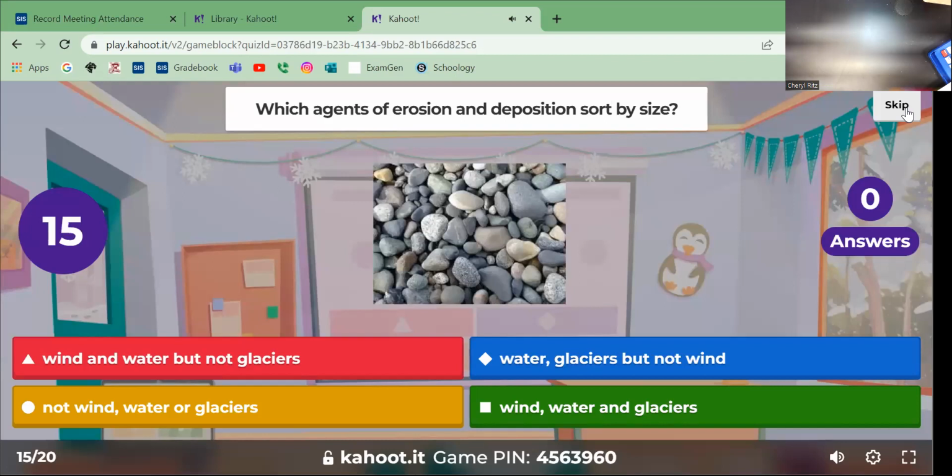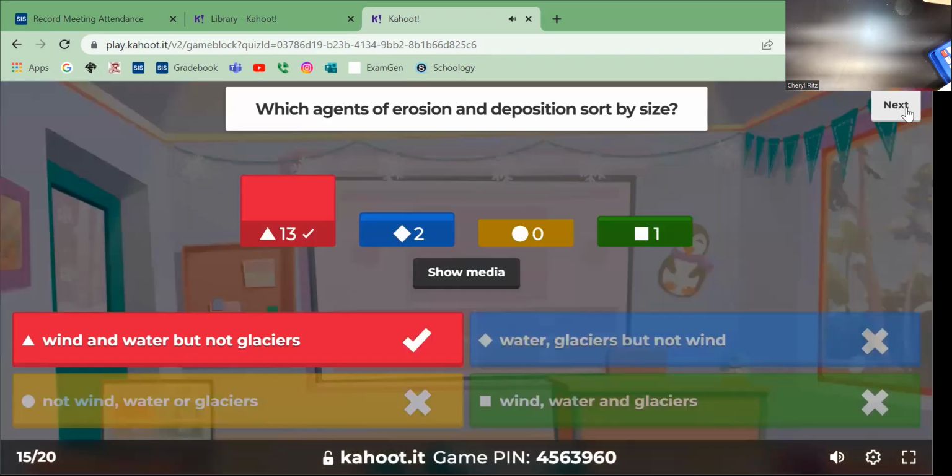Read the answers carefully. Okay, wind and water, but not glaciers. Remember, the three W's are sorted, the two G's are unsorted.